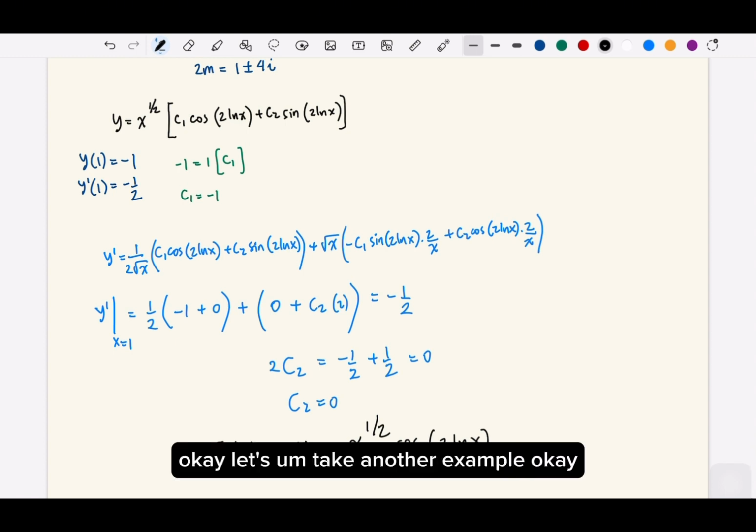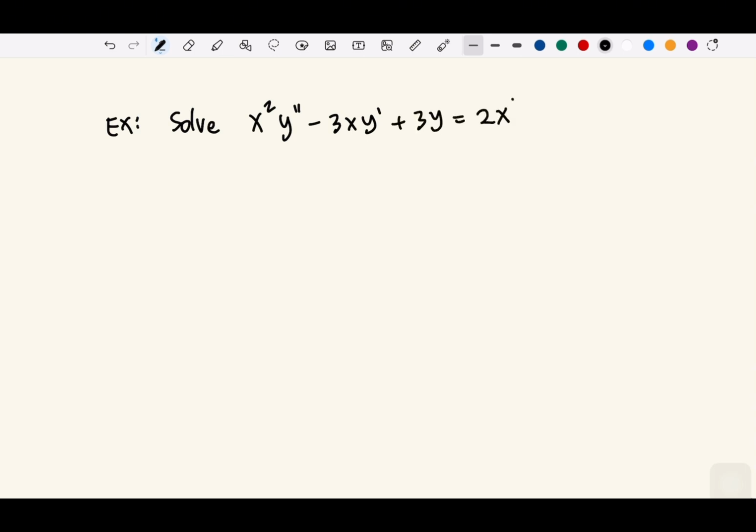Okay, let's take another example. Solve this equation.